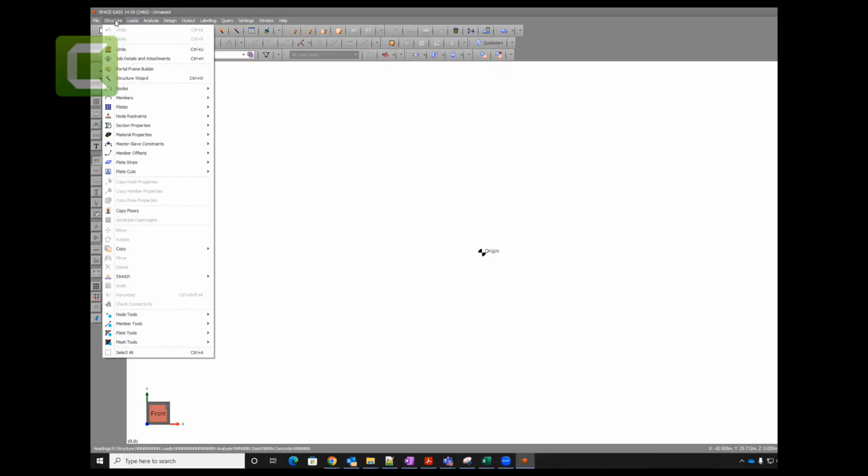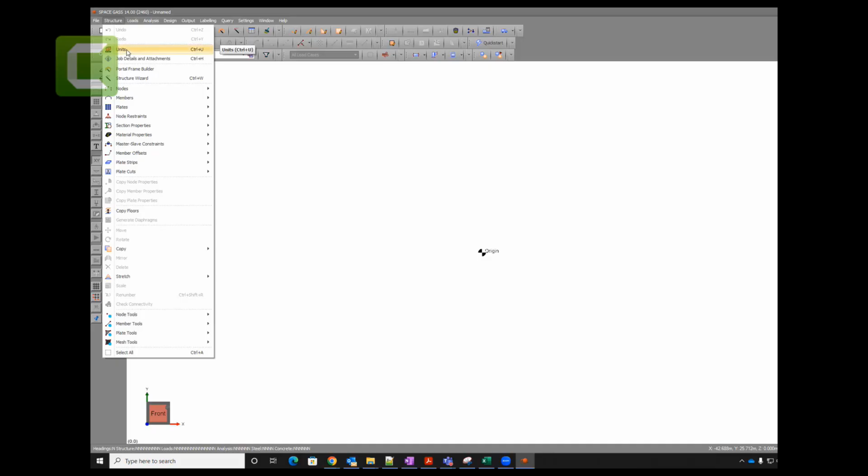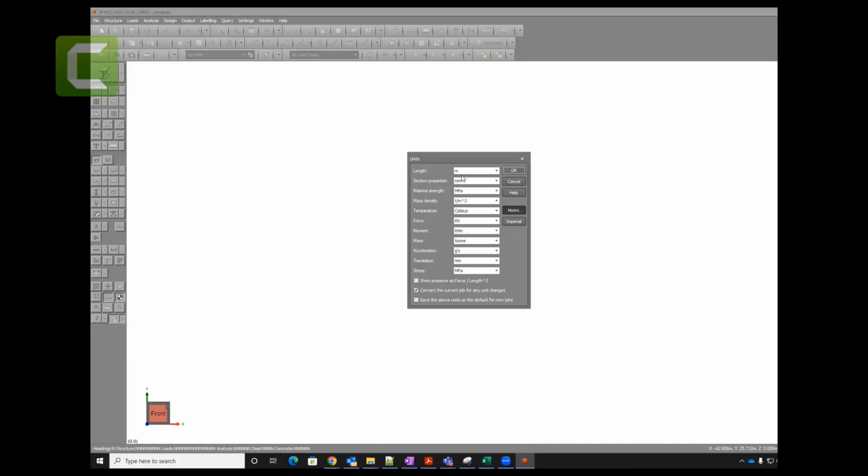Just follow the instructions. I will show you some instructions here. This is the new button. If you want a unit somewhere, go to Structure and then Units. It will have length in millimeters, section property in millimeters, material strength in megapascals, and density here. If you want to change it, change it.